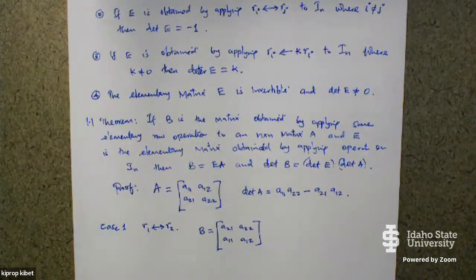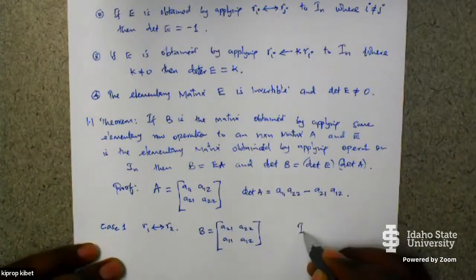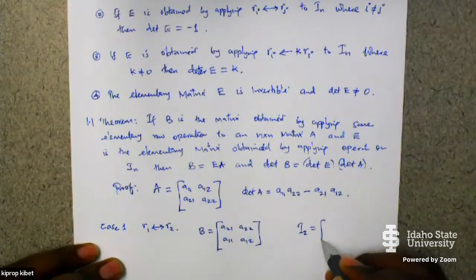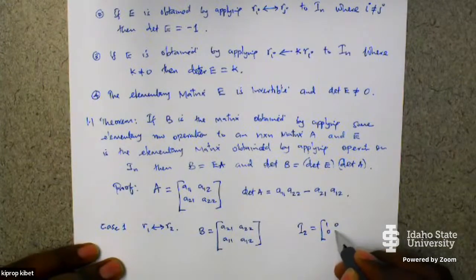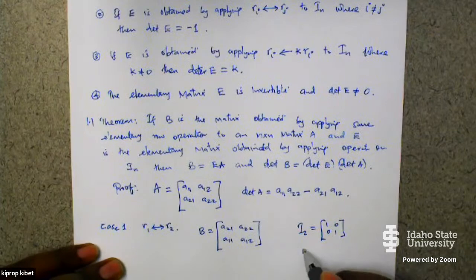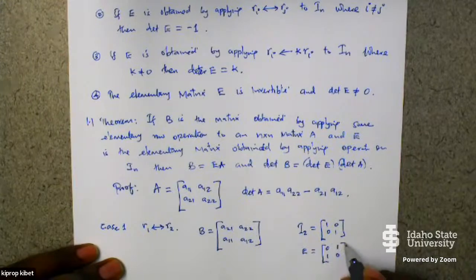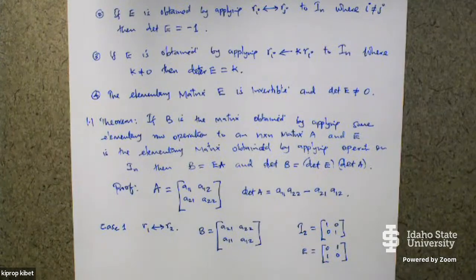Now, what will be our elementary matrix E? Our E will be what? The identity matrix in this case, I is I2, which is equals to 1, 0, 0, 1. So our E is equals to 0, 1, 1, 0. So we are also switching.